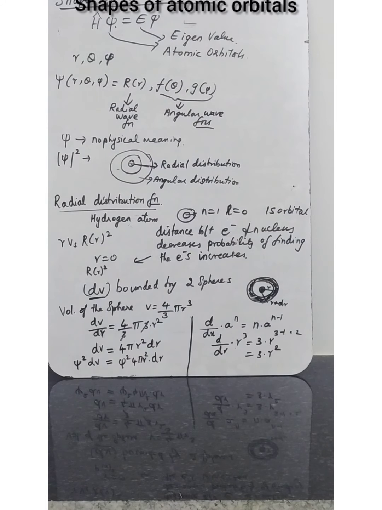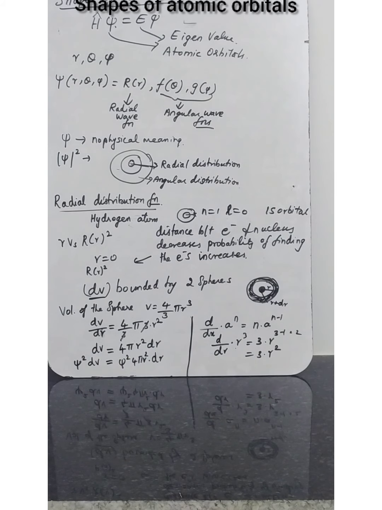So the solution of the Schrodinger wave equation for a one electron system like the hydrogen atom can be represented in the following form in spherical polar coordinates r, theta, phi.